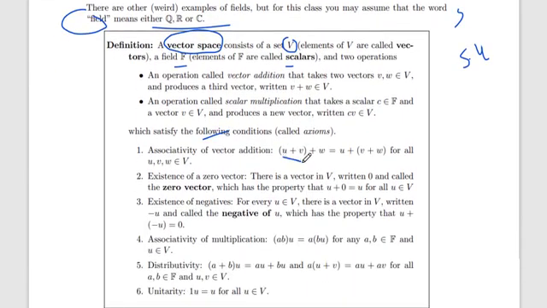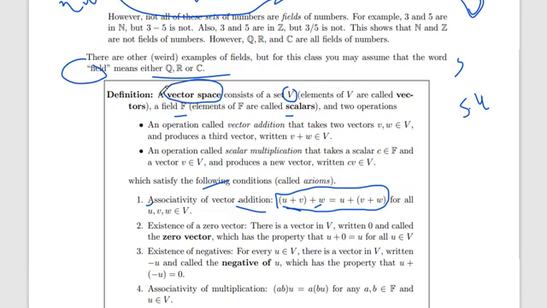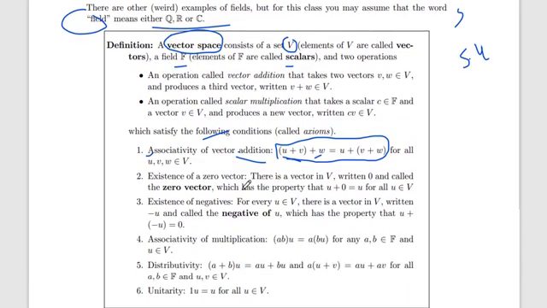If we add two or three different vectors, they have to follow associativity of vector addition. Both sides have to become the same. Then we can say that all the vectors are included in one vector space. The following conditions have to be satisfied. Existence of the zero vector: if we add the zero vector to a vector, we get the same vector.